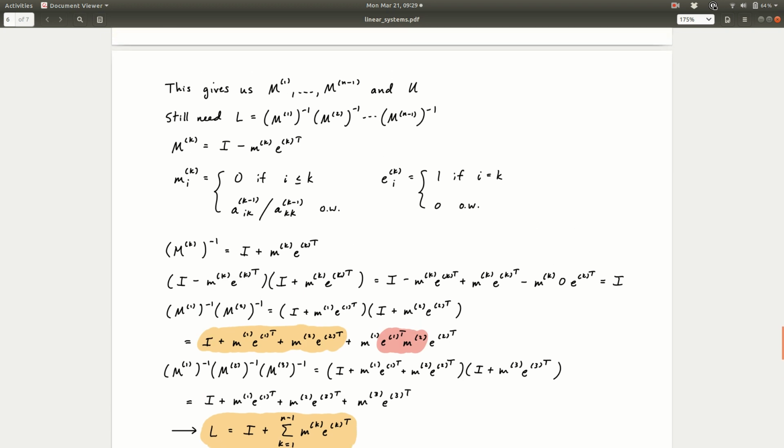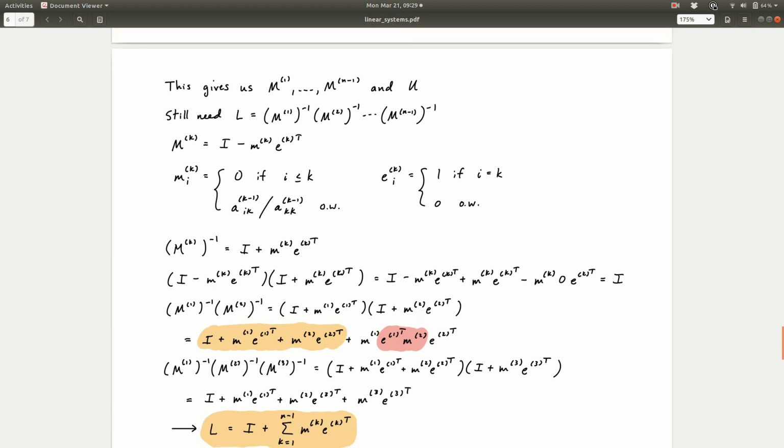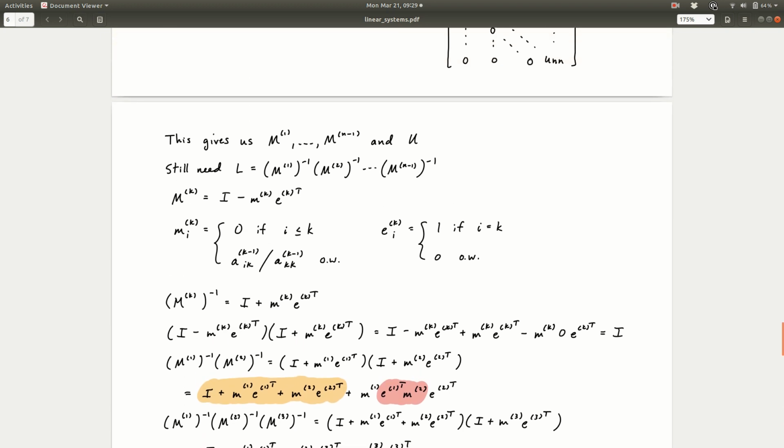If you put all this together, now I know what U is because I did this multiplication, and I know what the M's are from doing that Gaussian elimination. By storing these entries along the way, I automatically know what L is. So therefore I have L and U, which was the goal of this algorithm.